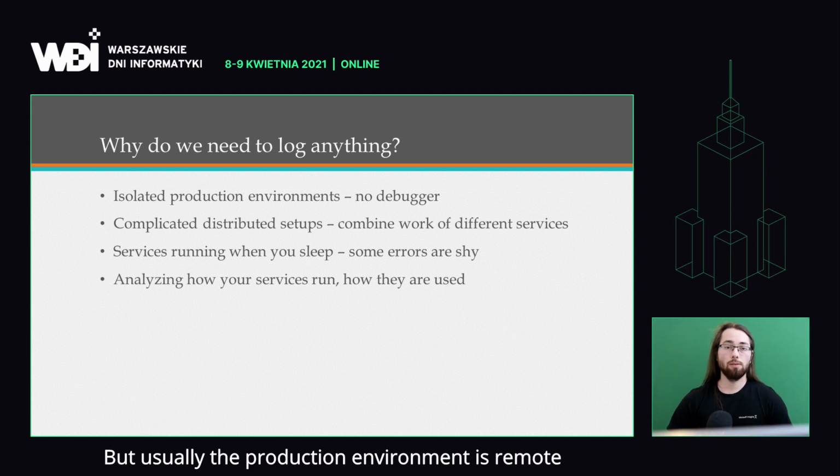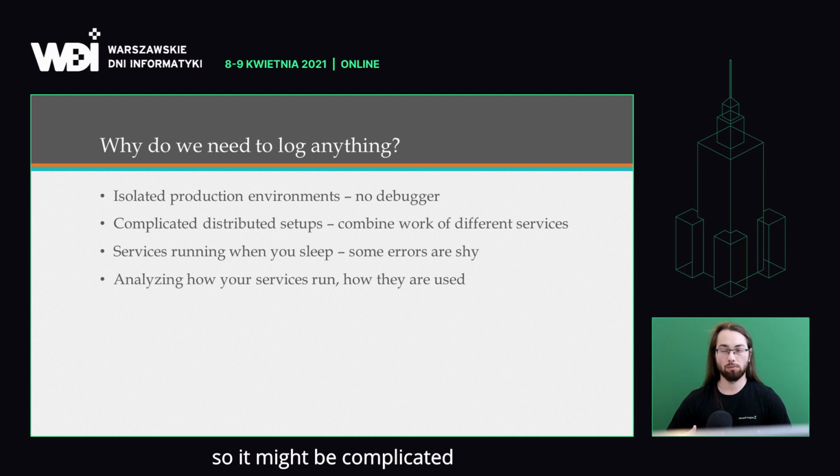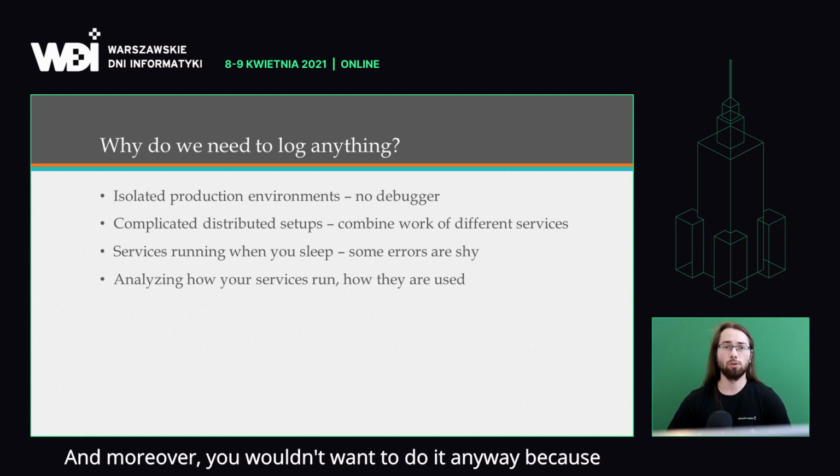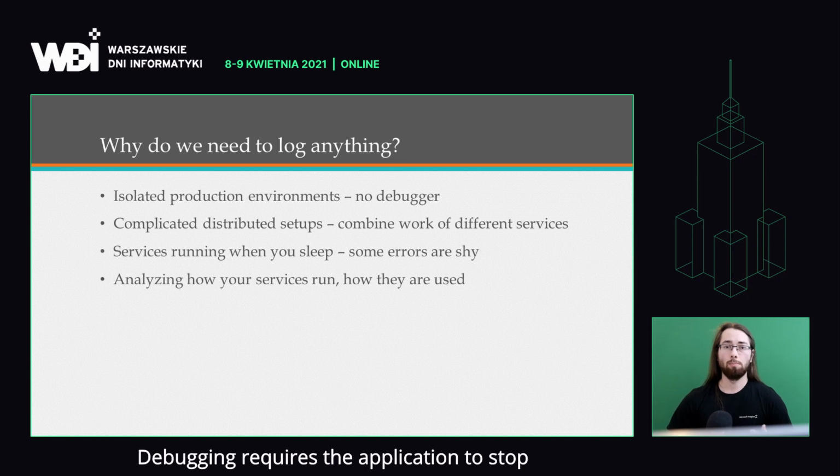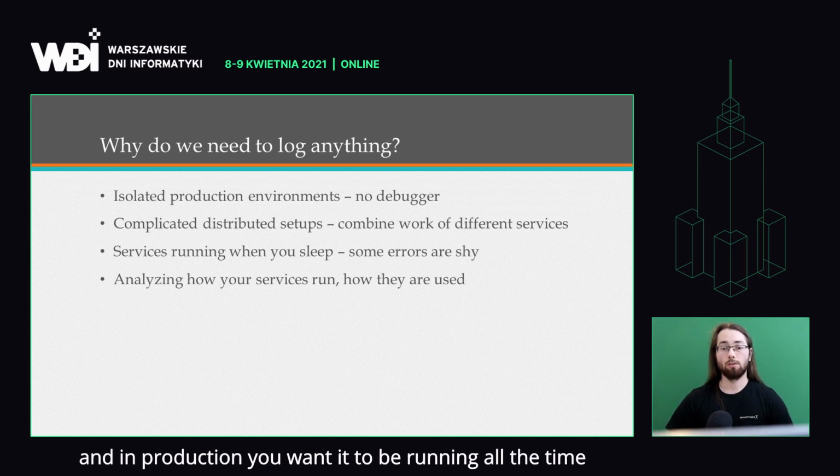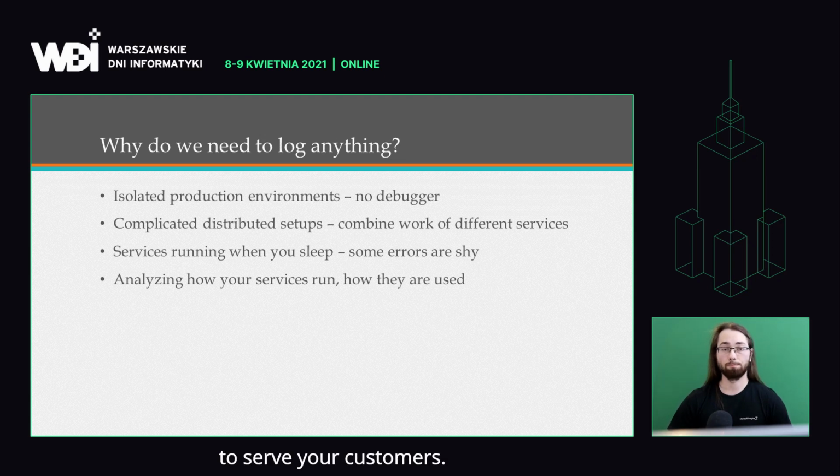But usually the production environment is remote, so it might be complicated to do that there. And moreover, you wouldn't want to do it anyway, because debugging requires the application to stop, and in production you want it to be running all the time to serve your customers.